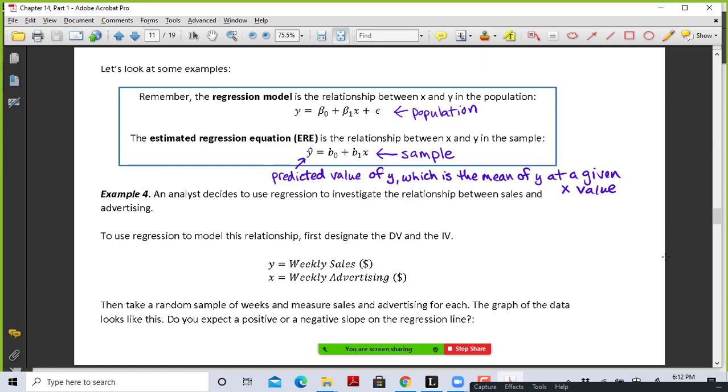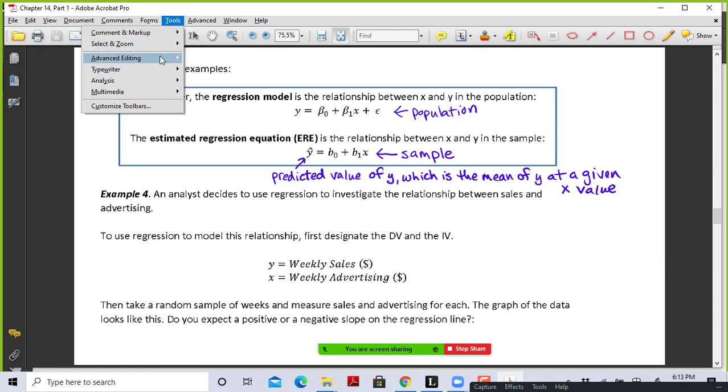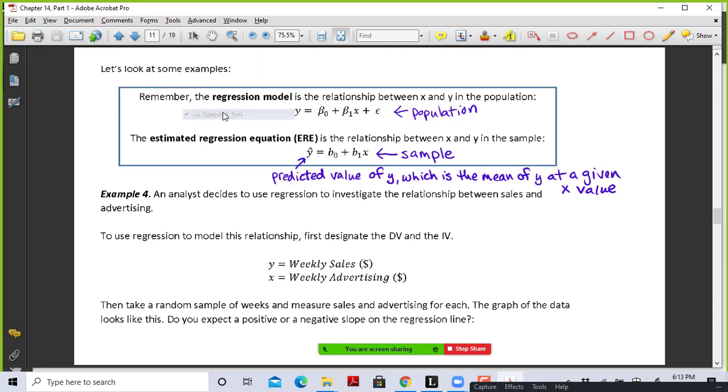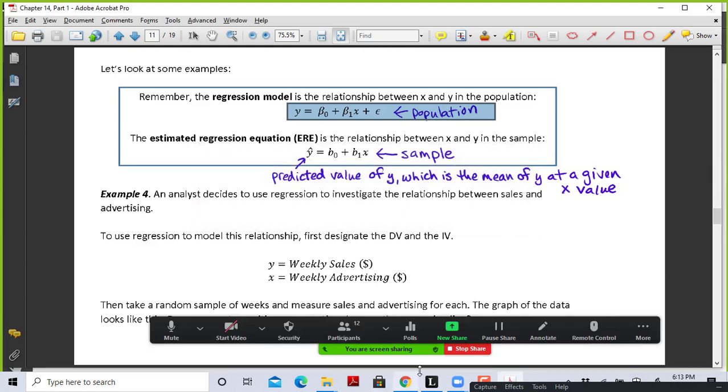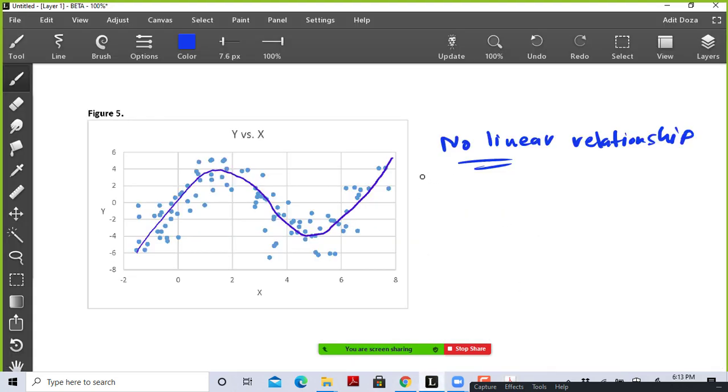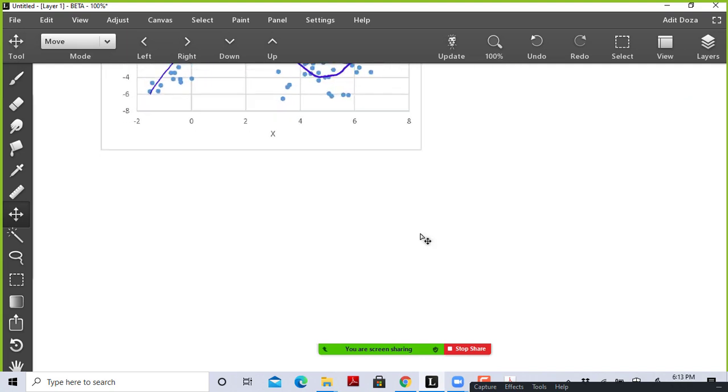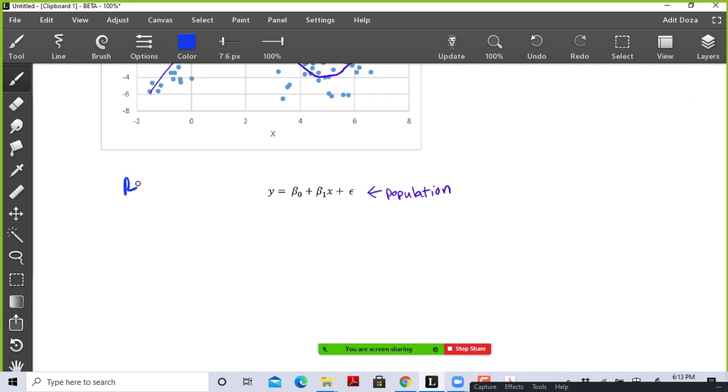Now the other thing that I want to talk about is the difference between the regression model and the estimated regression model. Okay, so for a regression model, if we look at this model, this is actually the regression model for the population.